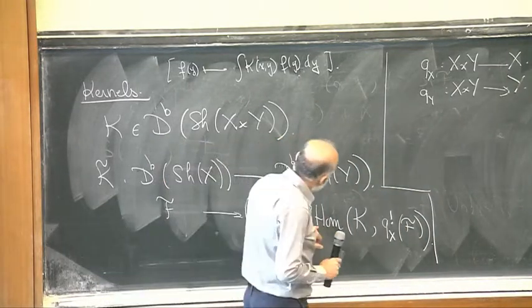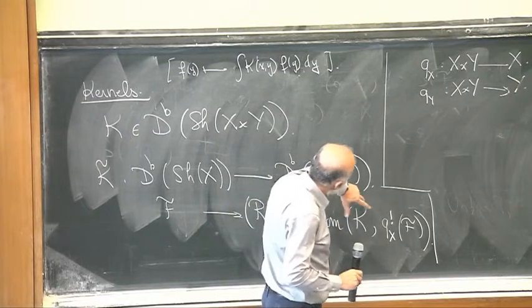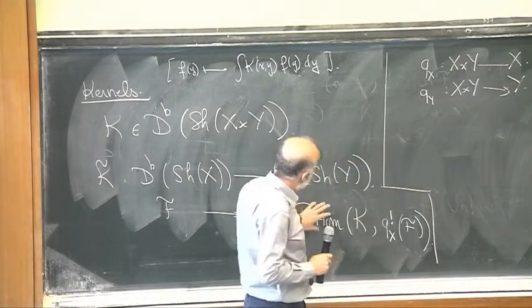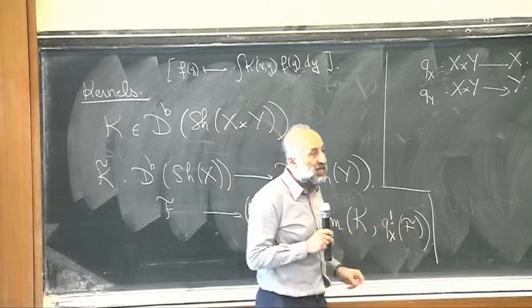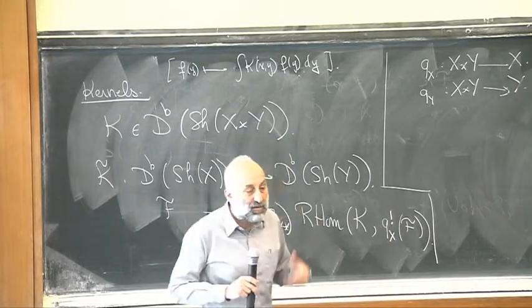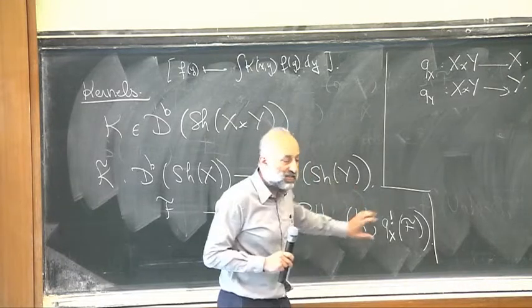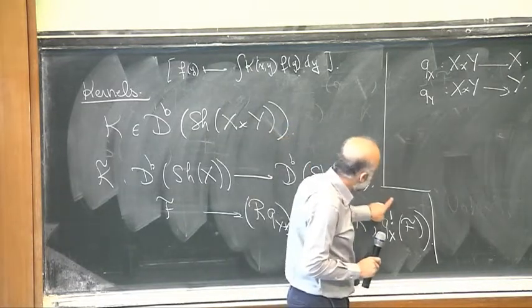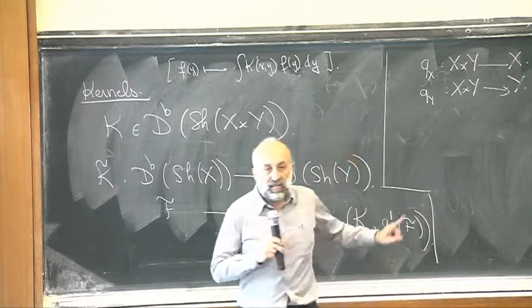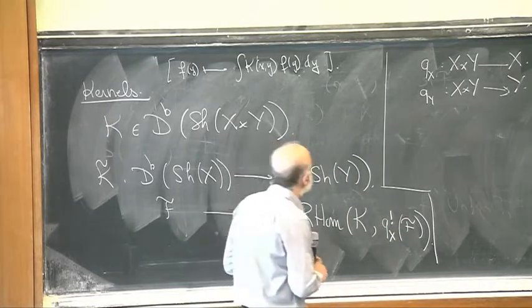Well, if you have two sheaves, you can apply the Hom, and this also has a derived functor. I mean, Hom to something is a functor, and this has a derived functor. What I have not defined is what this is. And actually, I'm not going to define it precisely.